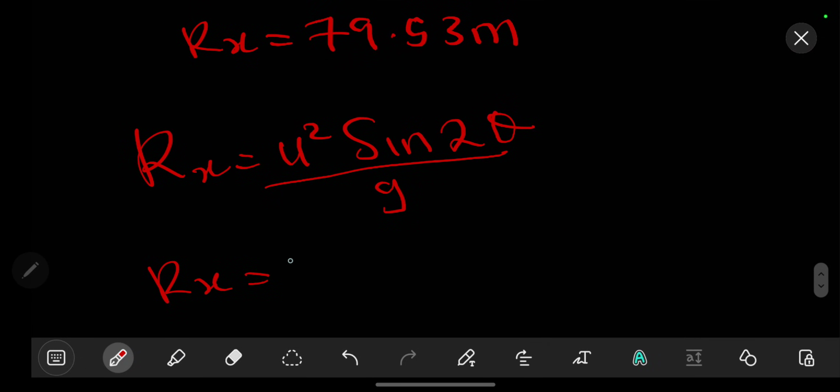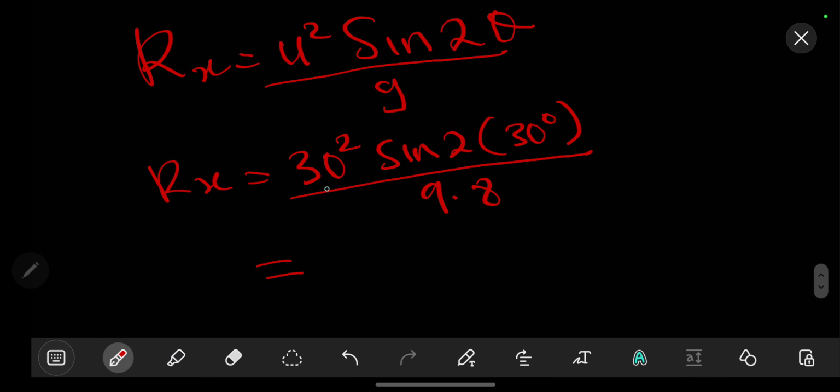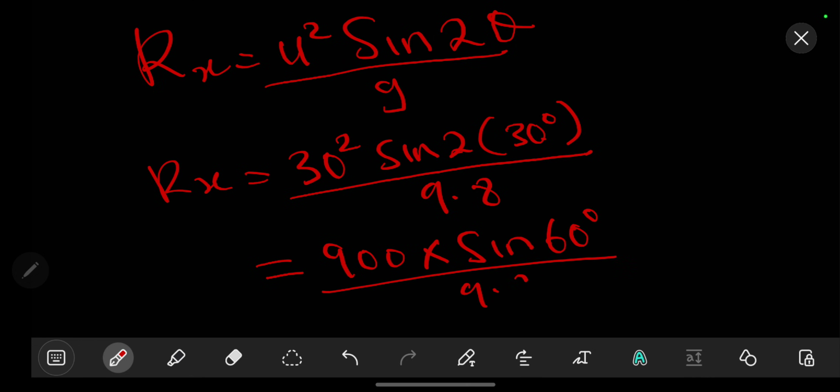So we are going to say 30 squared, and then times sine of 2 theta, where the angle of projection is 30 degrees. Then we divide over 9.8. We get 30 squared is 900 times sine of 2 by 30, which is 60 degrees, over 9.8.